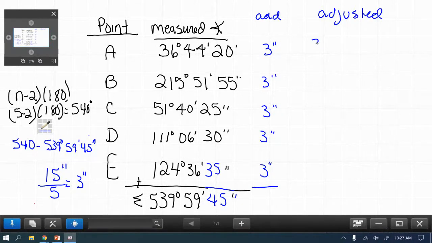So the first one would be 36 degrees, 44 minutes, 23 seconds. So you want to add 3 seconds to all of these. Not 1, 3 seconds, not 1.